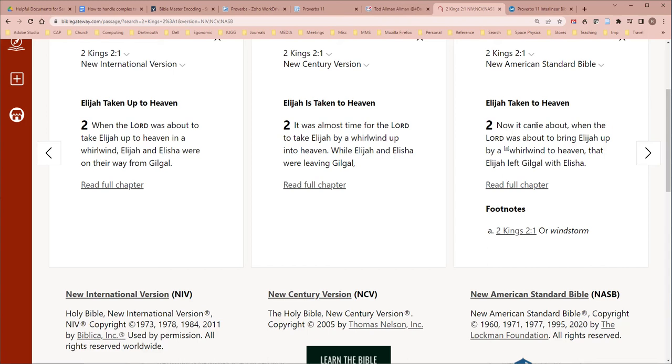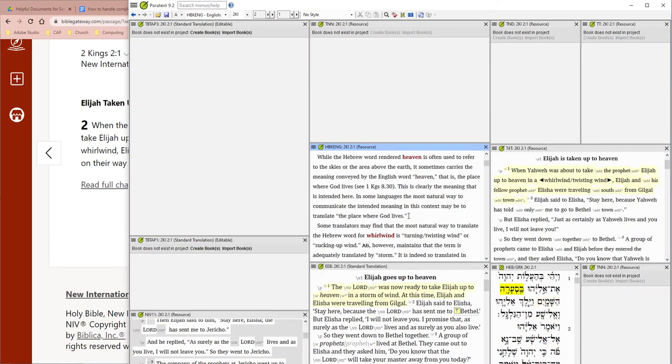And here it says, now it came about when the Lord was about. So again, this is another way of saying that it's about to happen. So I looked in the handbook. Looks like there are no translation notes for this section.